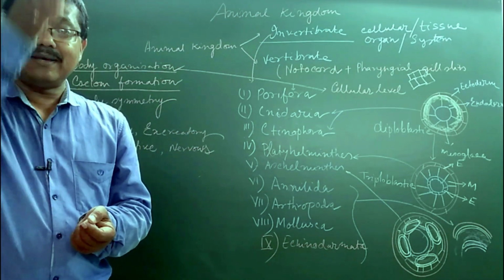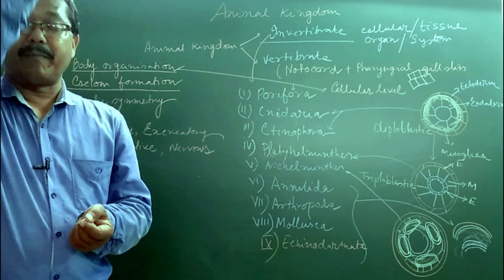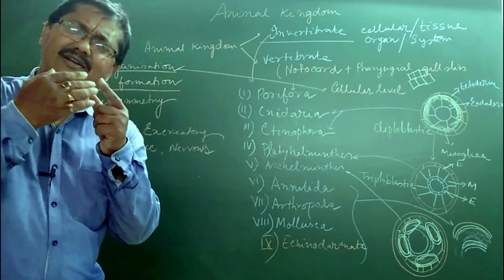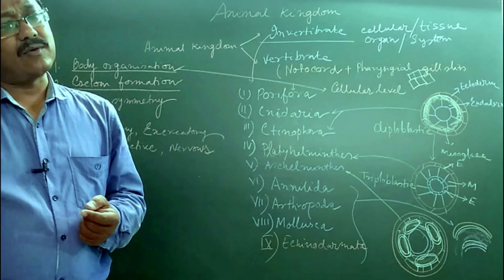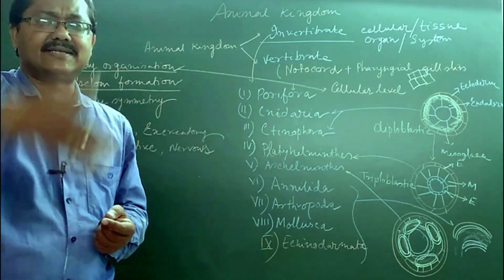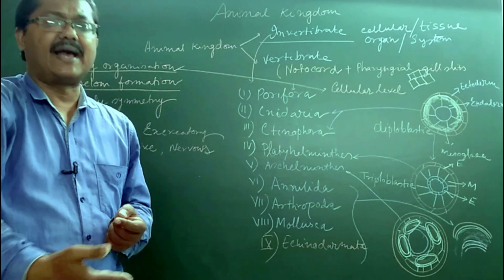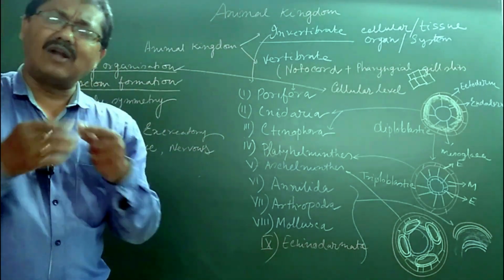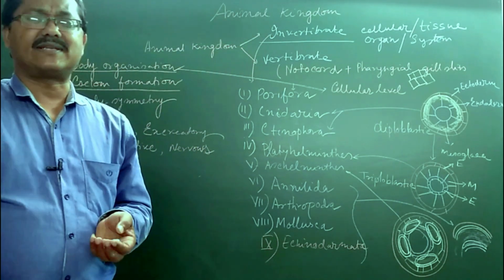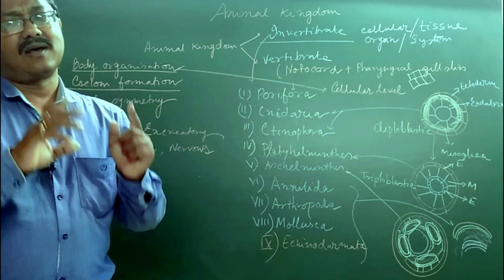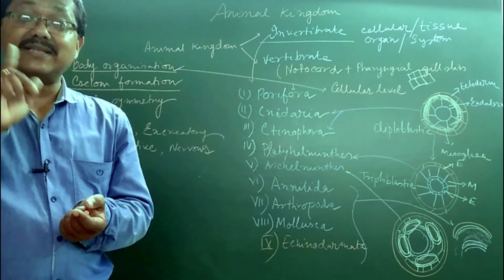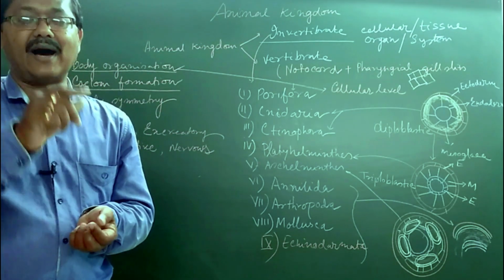When vertical sections pass through the central axis in all directions, and each segment is similar to the other segment, this symmetry is called radial.